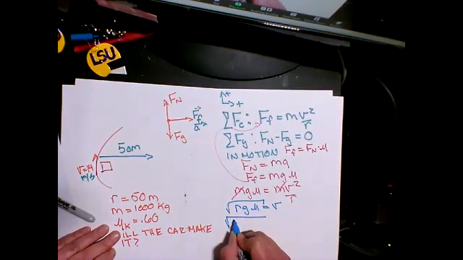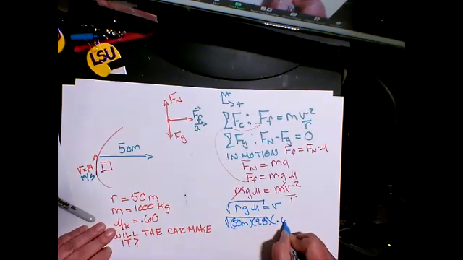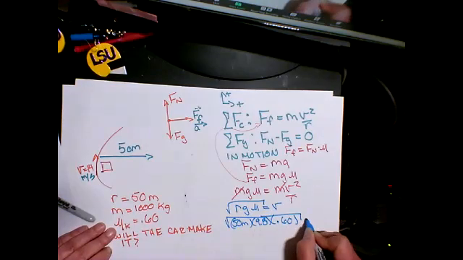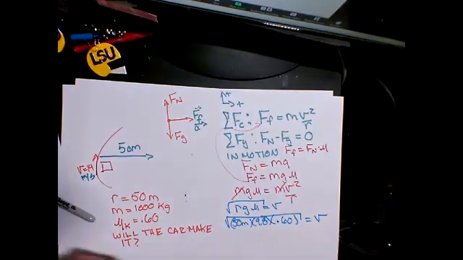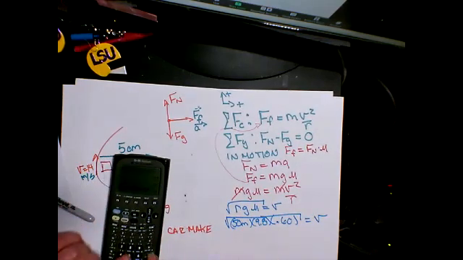So I have 50 meters times 9.8 times 0.60, to the 1/2.